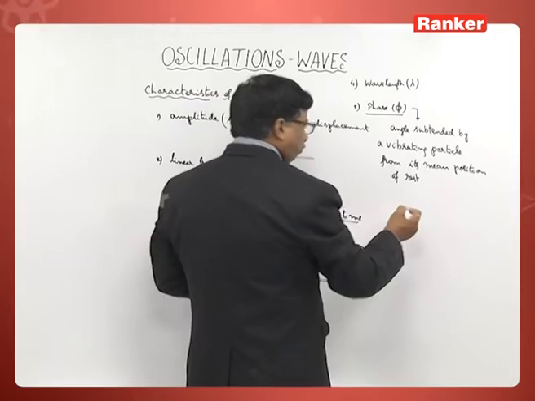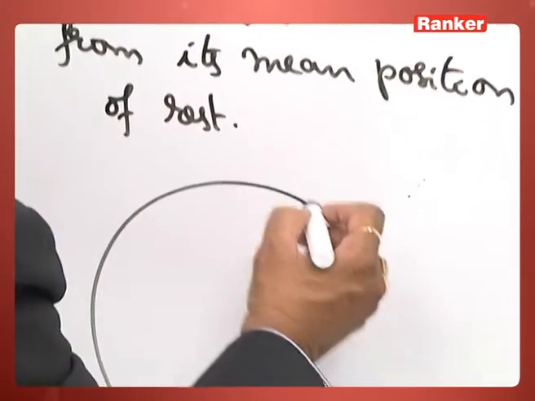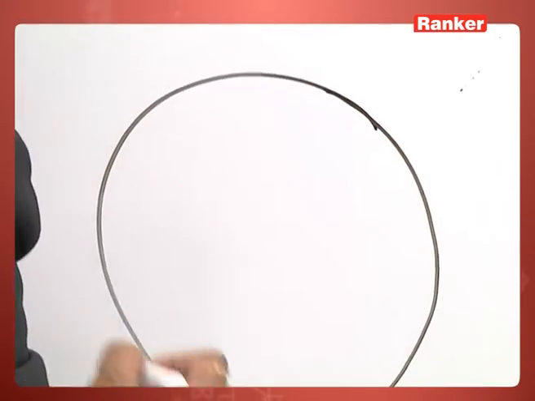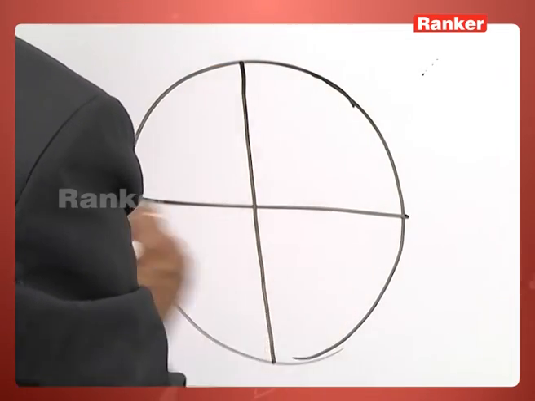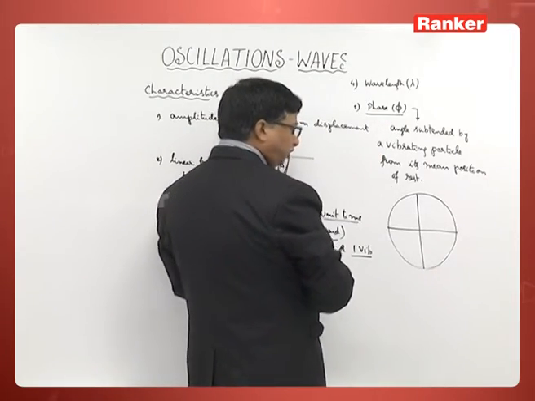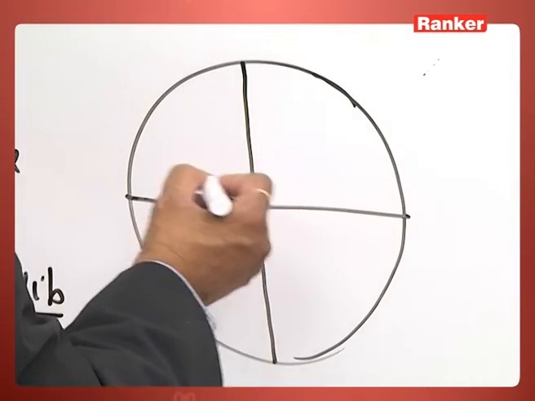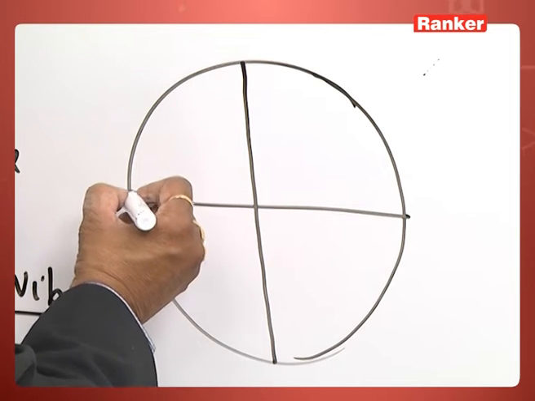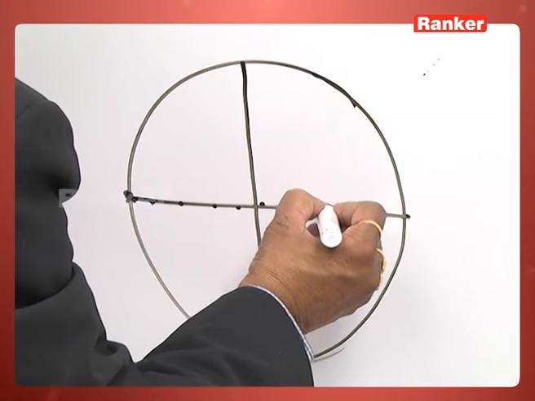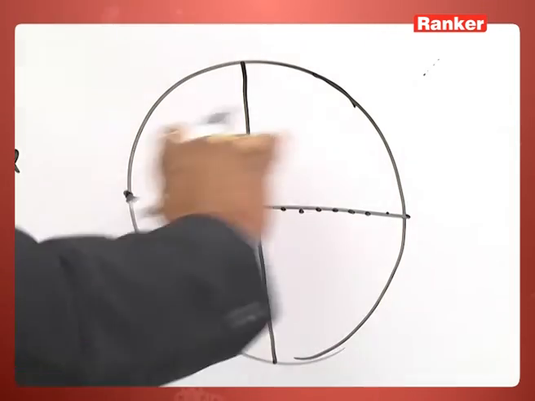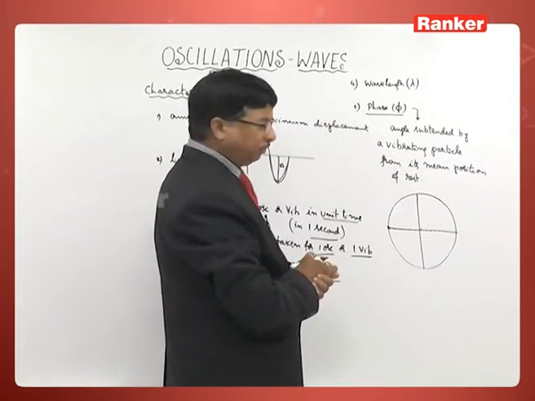To understand this phase, one can consider the reference circle once again. We consider different particles on this horizontal plane.